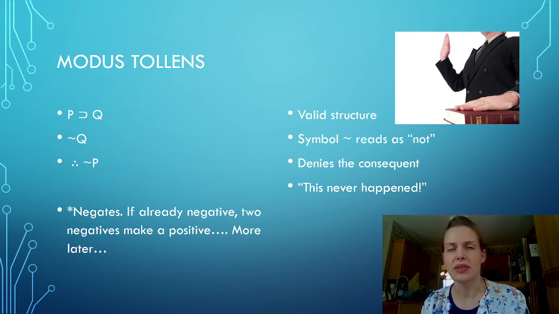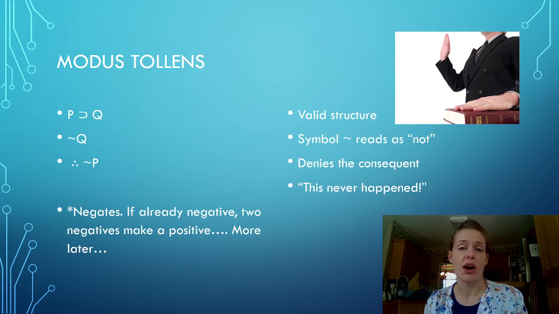Now here comes something new. It's that little wavy line. It's called a tilde. Now it reads not. So in this case, if P then Q, not Q, therefore not P. So you can see a couple differences here between this and the modus ponens. We are now not affirming something, we're denying something.